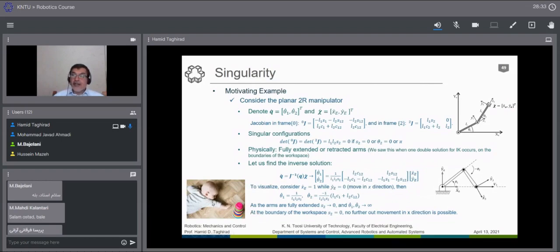As you see, this toy is a bit farther than the reachable workspace of this kid. Although his or her arm is fully extended, it cannot reach that point, because you need infinite velocity to do that, and this is not possible to gain.